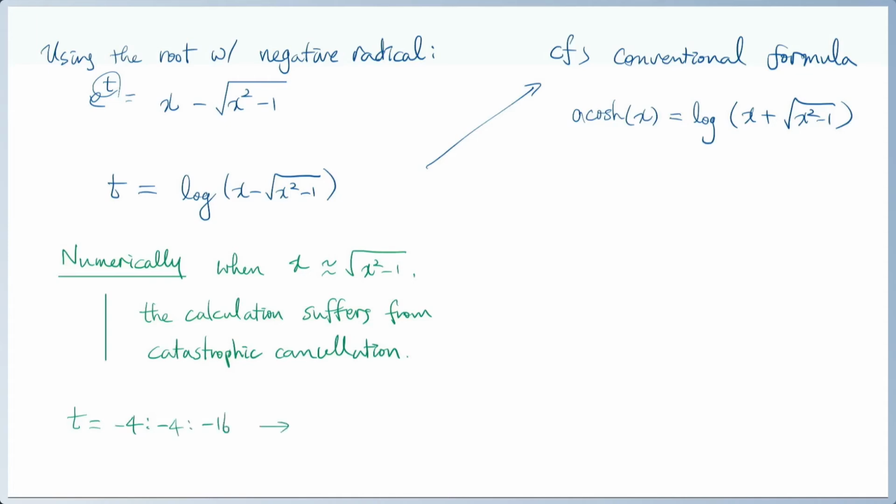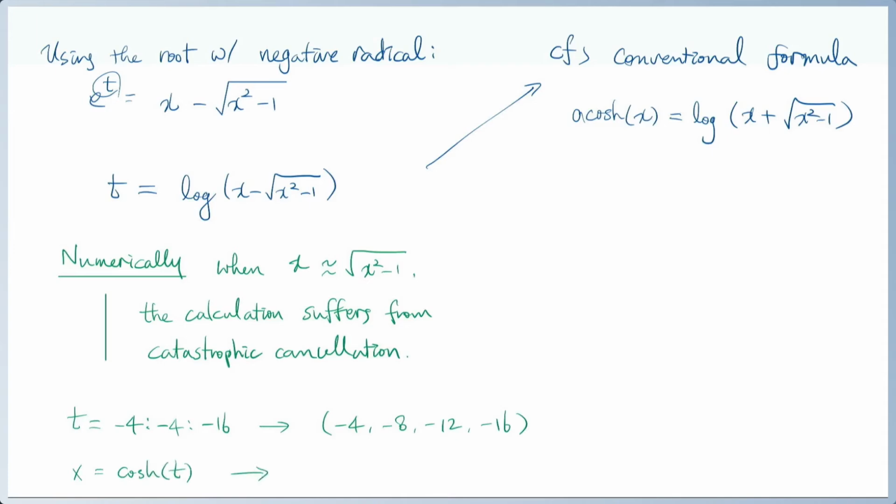So this is the row vector -4, -8, -12, -16. And then you set x to be cosh of t.